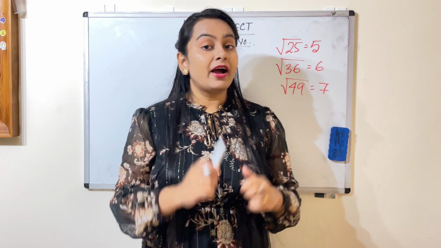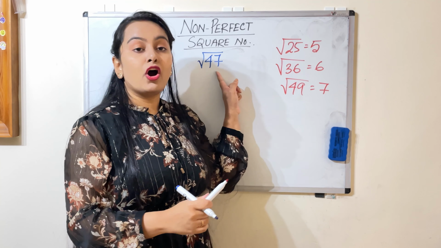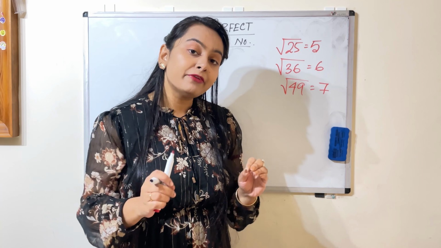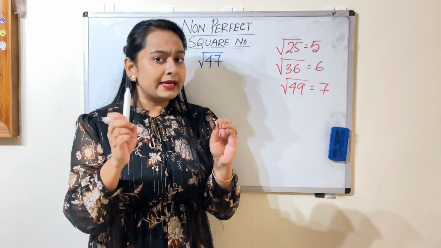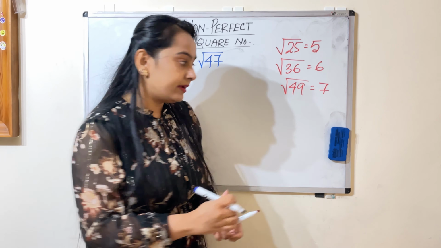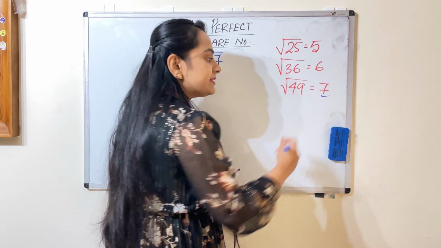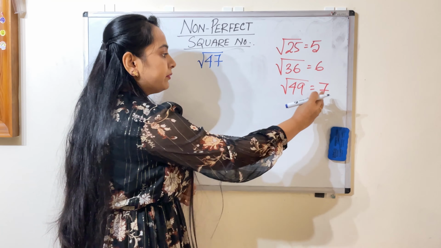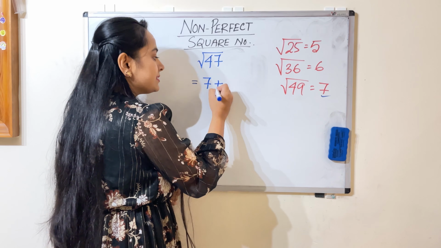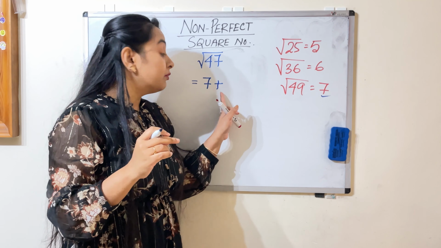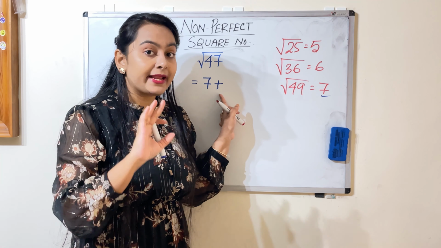Now, if I ask you to find the square root of 47, how can you find the answer? For 47, the nearest perfect square number is 49, right? The square root of 49 is 7. So we have to write that number 7, then plus. Okay, then we can't use the plus sign over here.